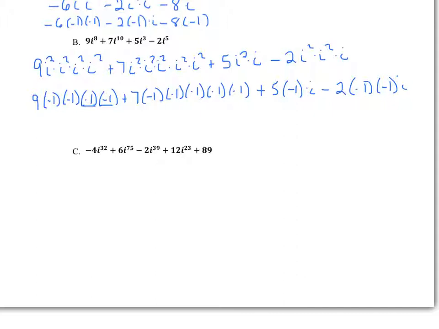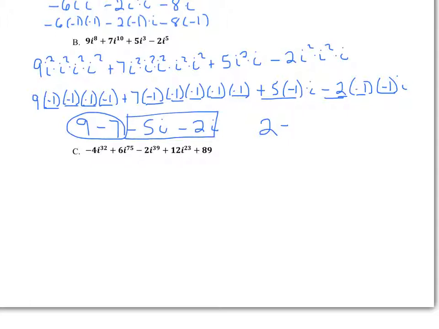Negative times a negative is a positive, times a negative is a negative, times a negative is a positive. +1 times 9 is 9. -1 times -1 is positive, times -1 is negative, times -1 is positive, times -1 is negative, times 7 is -7. 5 times -1 is -5i. Negative 1 times negative 1 is a positive, times a negative 2 is a negative 2i. And then combine like terms. 9 and negative 7 make 2. Negative 5 and negative 2 make negative 7i. And that's our simplified expression.